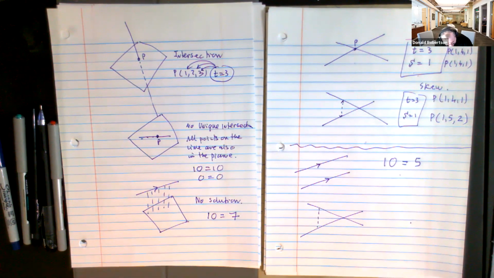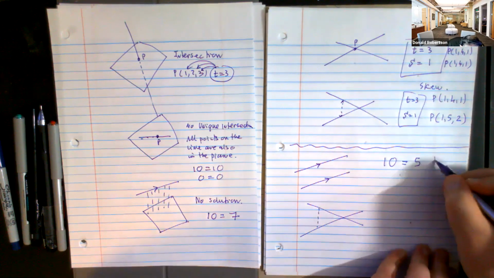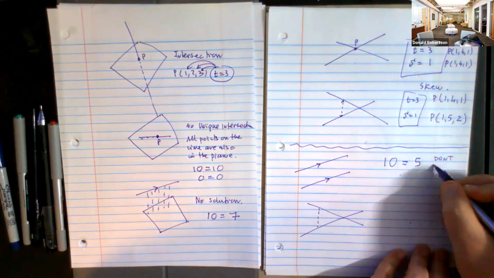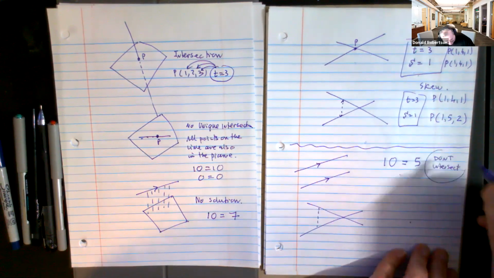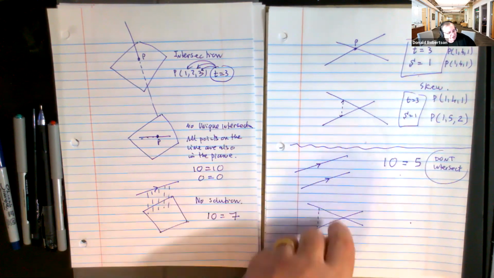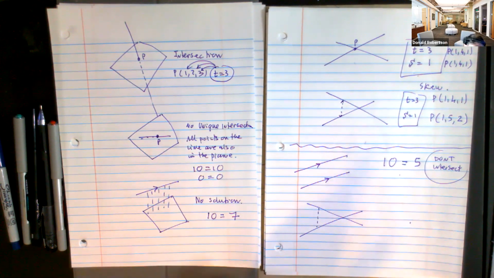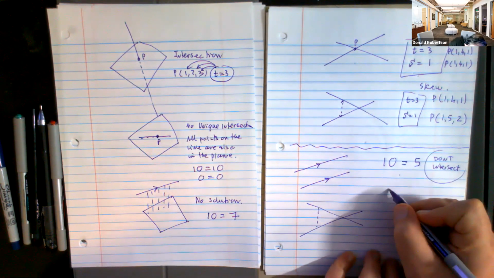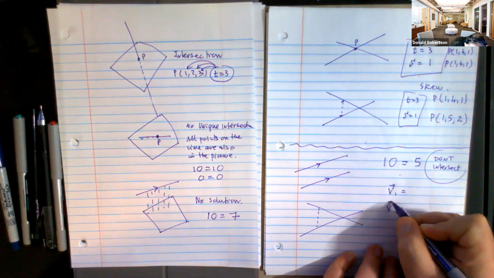So what you know right now is when this happens, you know one thing for sure. You know they don't intersect. What you don't know yet is which of these two is the reason that they don't intersect. And what you do then is you get the direction vector of both lines.